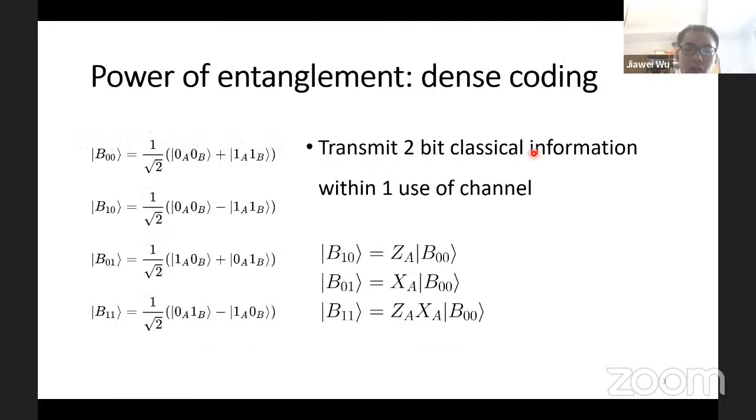First of all, we know dense coding is an interesting phenomenon because we can transmit 2 bits of classical information through 1 transmission of a qubit.